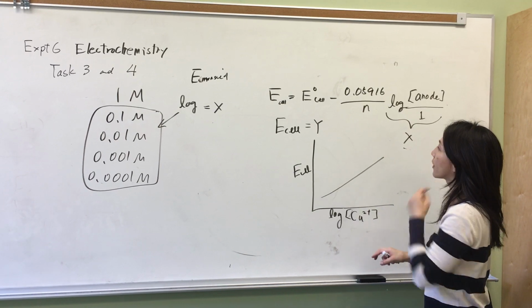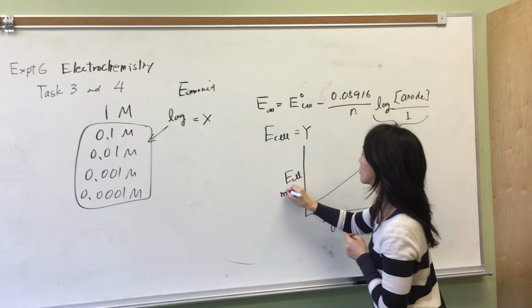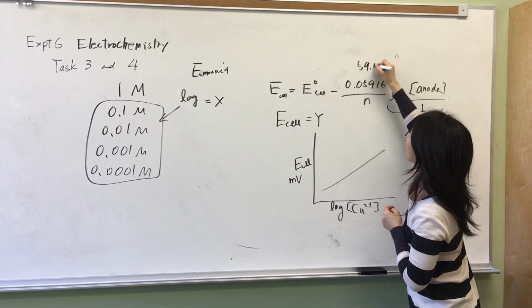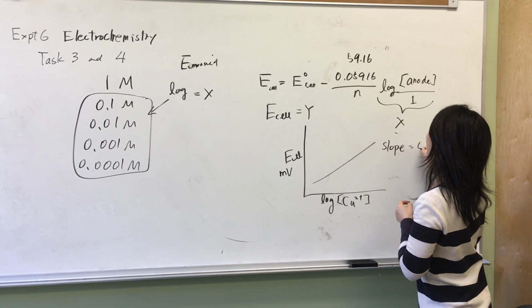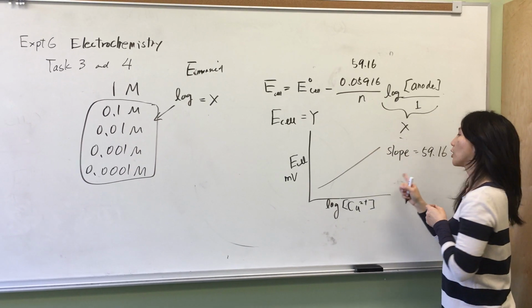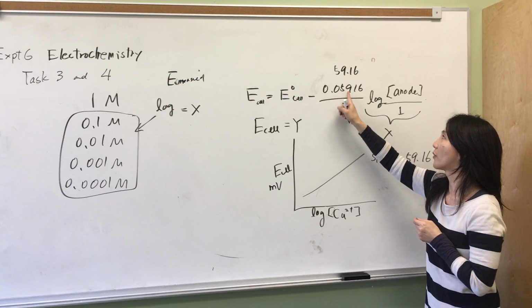If you use the E cell in millivolts, this is supposed to be 59.16. That means your slope is going to be 59.16. If you use volts, it's okay, either one, so that slope is going to be 0.05916.